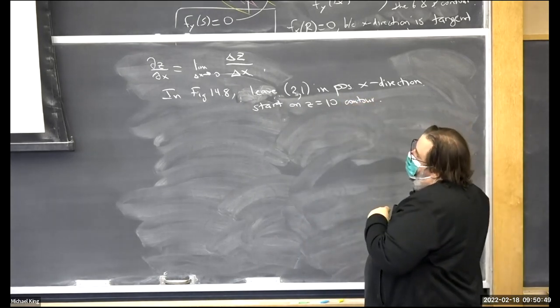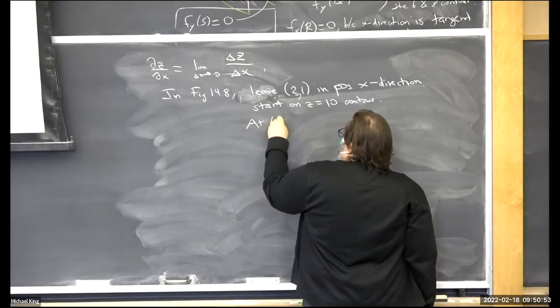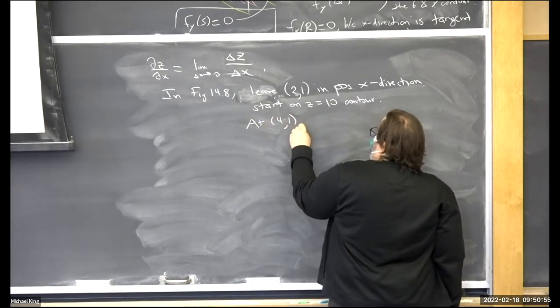And then at (4, 1), we land on the z equals 14 contour, right?